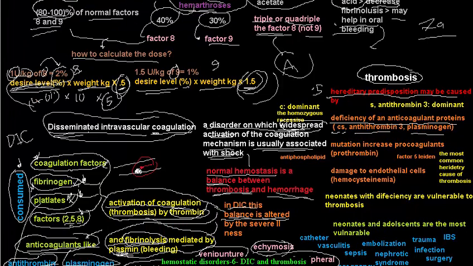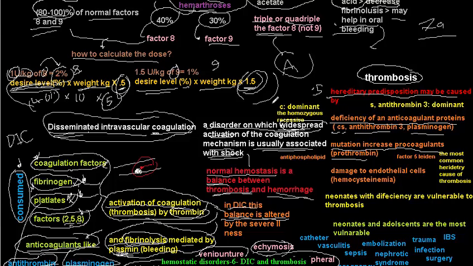Okay, if we have a mutation that increases procoagulants like prothrombin, prothrombin is a procoagulant protein that will increase thrombosis. If we have a mutation that will increase the production of prothrombin, then we will have thrombosis. Or if we have a decrease in the things that protect the body from thrombosis, like protein C, protein S, antithrombin 3, and plasminogen.